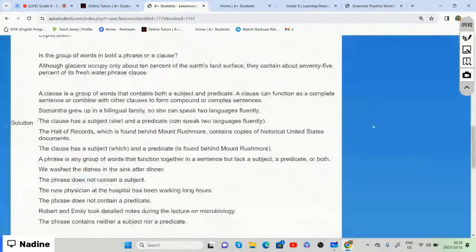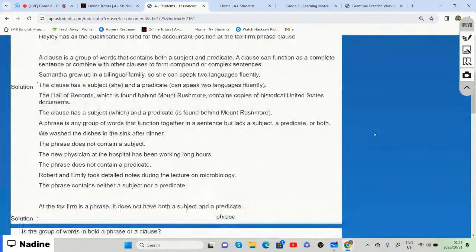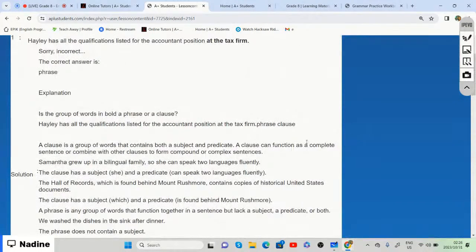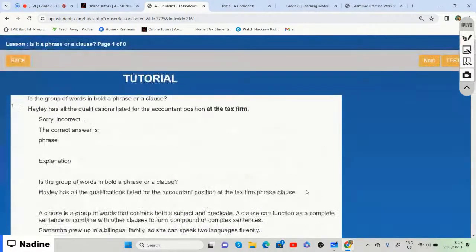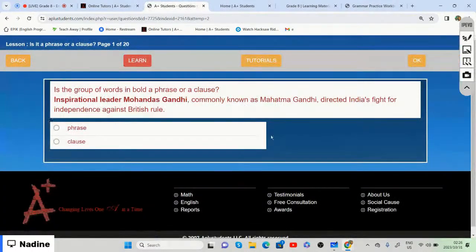All right. Let us go to our test, where we need to say if a group of words is either a phrase or a clause.